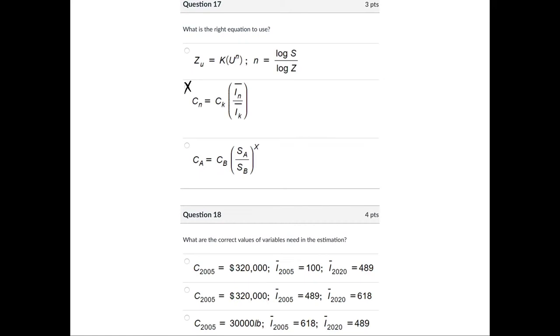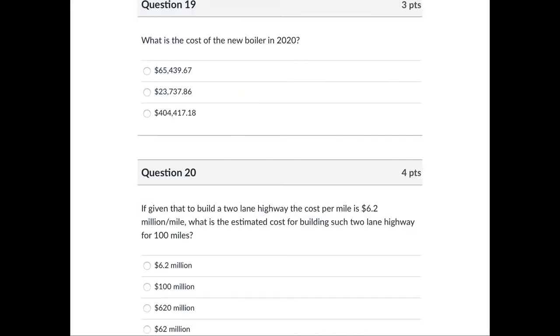So the cost for 2005 is 320,000. And you also want to know the I bar of 2005, which is 489. So this is gonna be your correct answer. And of course, the I bar in 2020 is 618. That's given. So now, what is the cost of the new boiler?